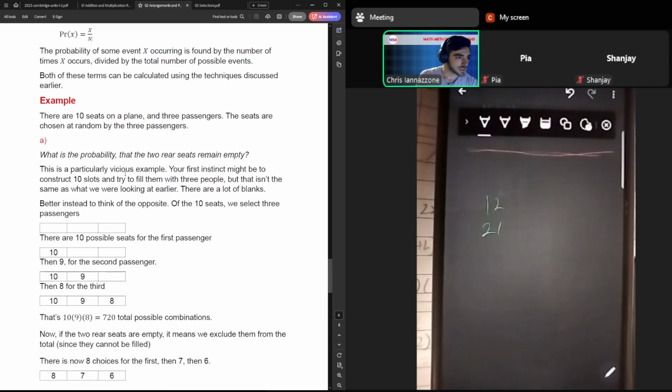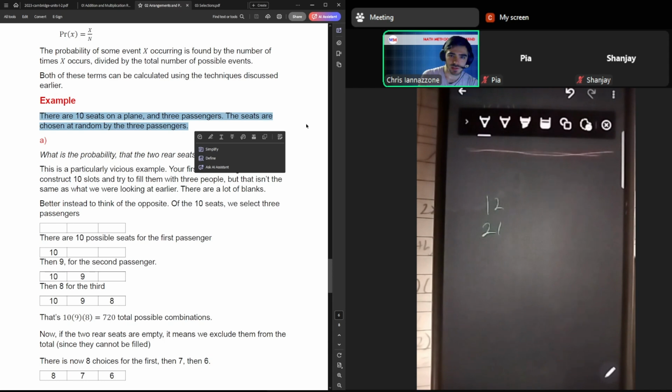Now, one of the interesting ones that I came across was what almost looks to be the reverse situation, where you have more positions than you have objects. So in this case, I have 10 seats on a plane and 3 passengers. What's interesting about this is, at least for me, my initial thought was I have 3 passengers and 10 seats, so I have 3 things but 10 positions.